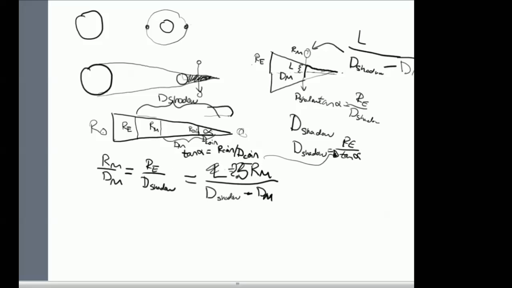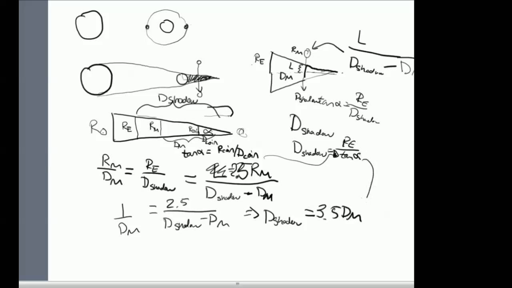So we can cross out that L, and now we have 2.5 r moon up here. Now we can eliminate r moon by looking at this guy and this guy, right? So that means 1 over d moon is equal to 2.5 over d shadow minus d moon. You cross multiply, and you get d shadow is equal to 3.5 d moon.